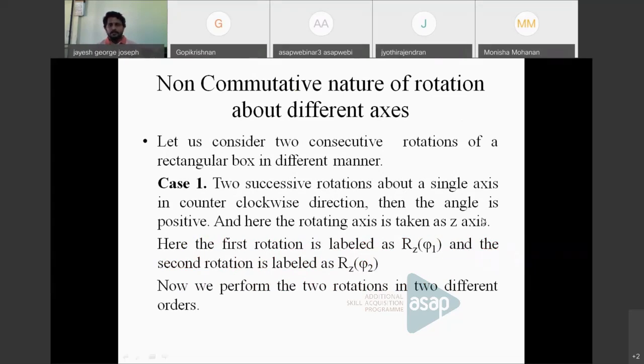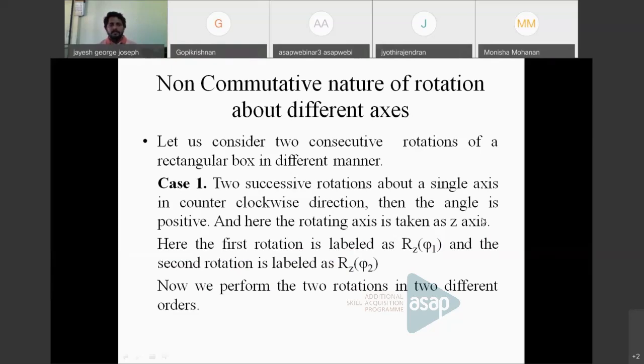Let us consider two consecutive rotations of a rectangular box in different manner. Here case 1 is two successive rotations about a single axis in counterclockwise direction. When the angle is positive, if you take the counterclockwise rotation, angle is positive. That is a convention.